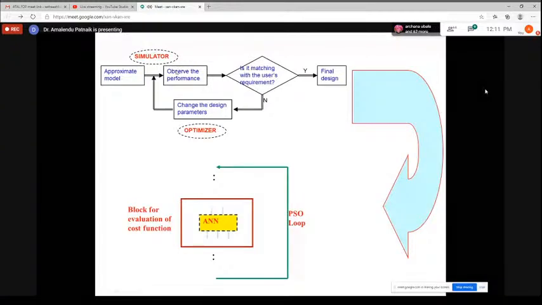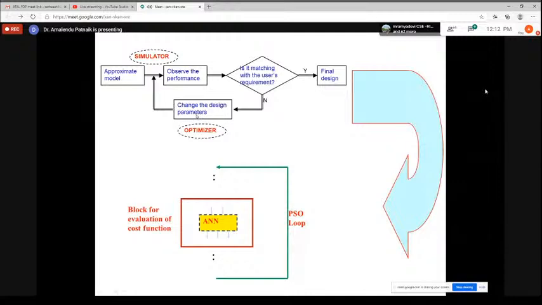And furthermore, the previous method of changing these parameters was arbitrary in nature. But in place of that, if you apply a meta-heuristic based optimizer, your changing of these parameters in each iteration, or in each loop, becomes systematic.